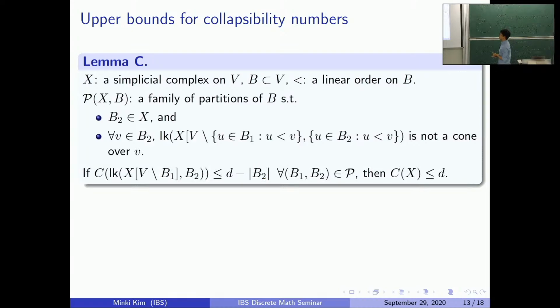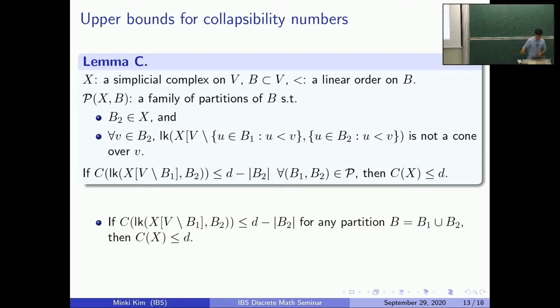And now we will need one more lemma. And I also understand this is very complicated, and I don't have much time. So this is exactly what we need to prove my main result. Given a simplicial complex X with vertex set V, take any subset B of V. So forget about this linear order.